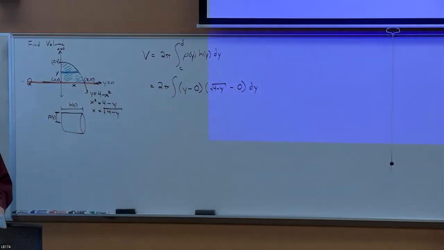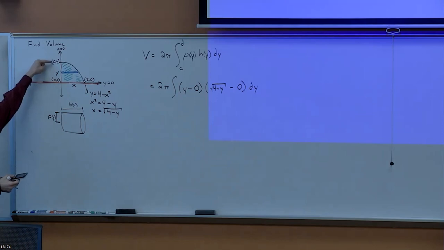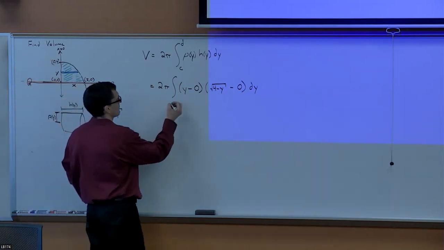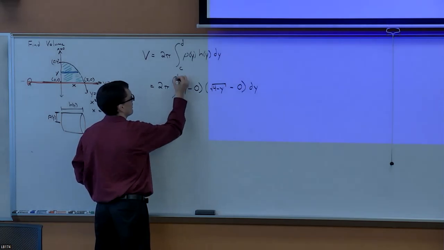Integrate with respect to y, from where to where? Do I know what bounds I gotta use? Well, they have to be y values. So the bottom y value is y value of 0. Top y value is y value of 4. So my bounds have to go from 0 to 4.